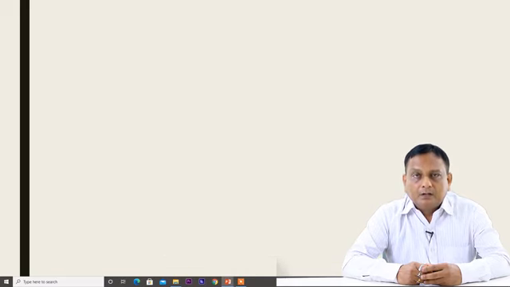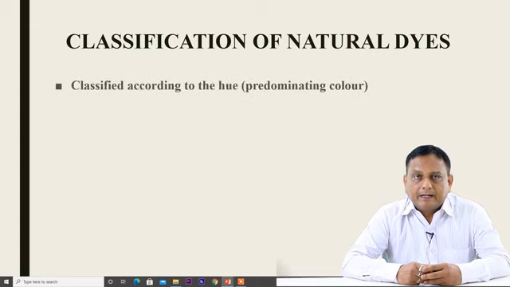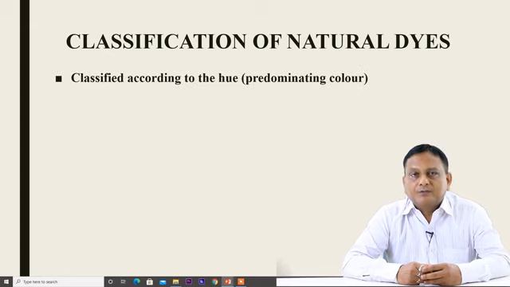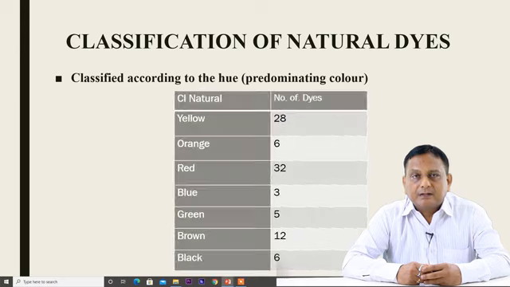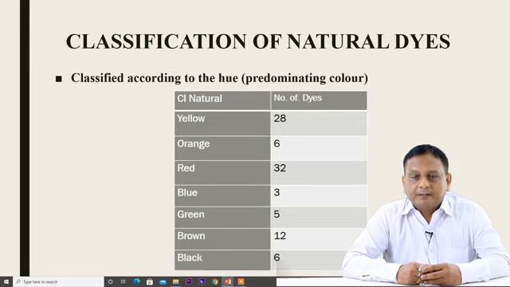Now, with all these things in mind, we look at the application of natural dyes. We classify these natural dyes in terms of hue, that is the predominance of color. In nature, looking at the number of dyes in different colors, we can get yellow in many varieties in terms of fruits, flowers, barks, leaves and roots.